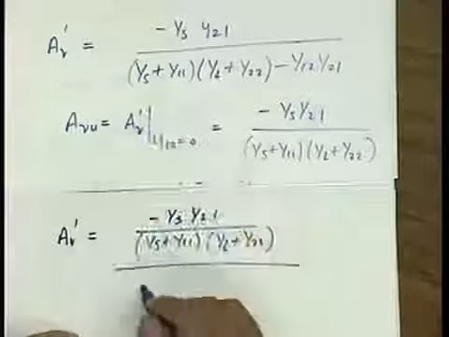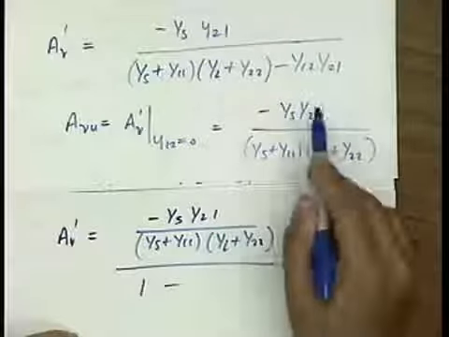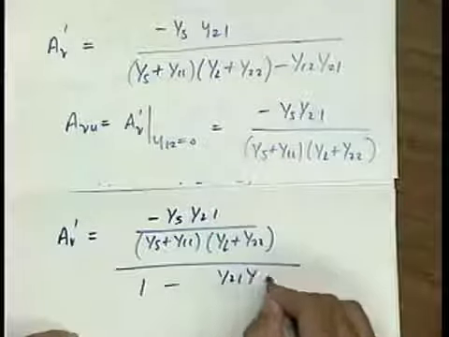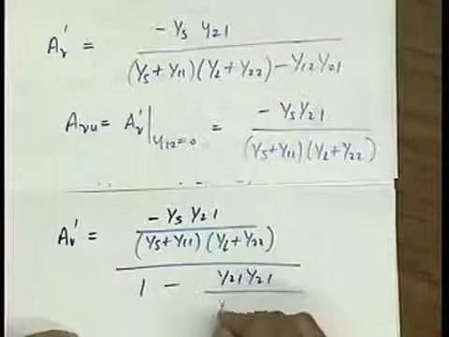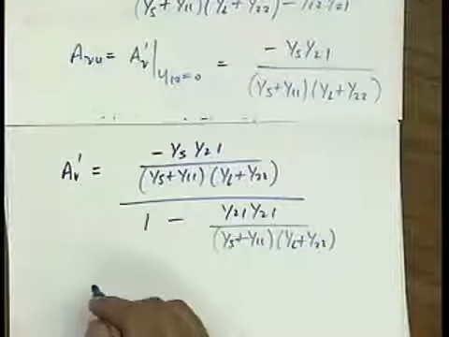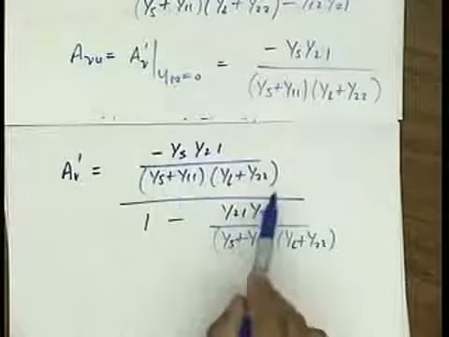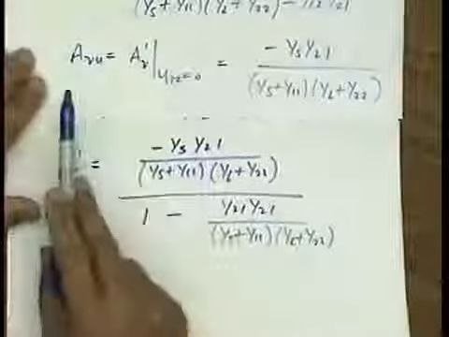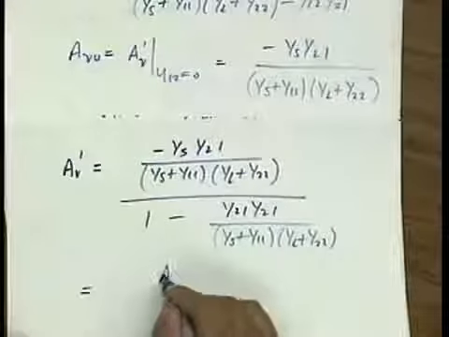This term becomes 1, because that's the term I'm dividing by, and this term is y21 divided by ys plus y11 times yl plus y22. We stare at this for a while and say, wait a minute, this term here is exactly AVU.